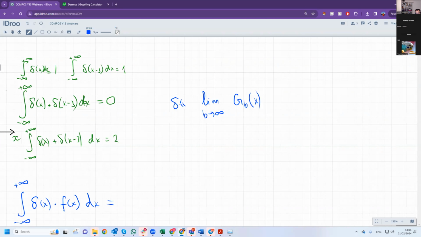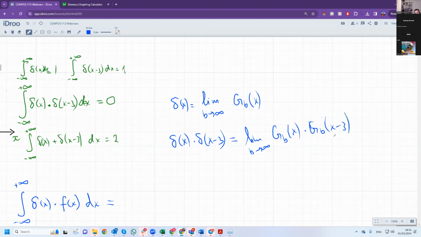So delta x times delta x minus 3 would be the limit, as b tends to infinity, of the Gaussian function of x times the Gaussian function of x minus 3.